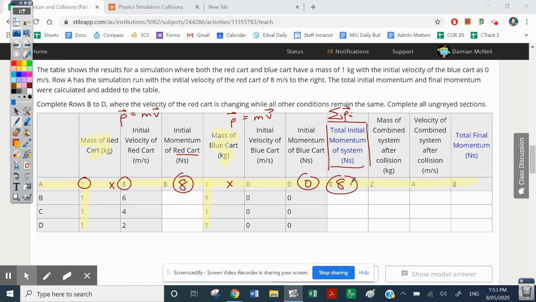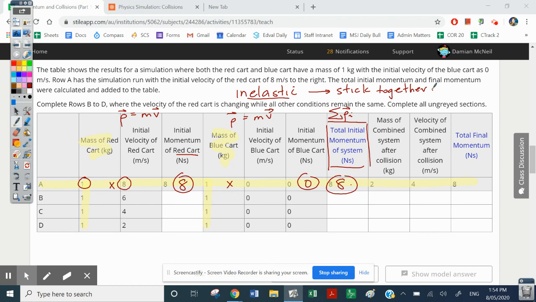Okay? Now, remember we're doing an inelastic collision. This is what we're talking about for this period to fiddle with. An inelastic collision is where they stick together after they collide. Okay? This is very common when two objects collide.